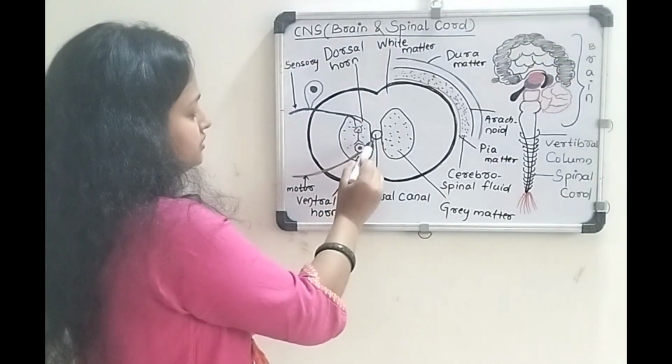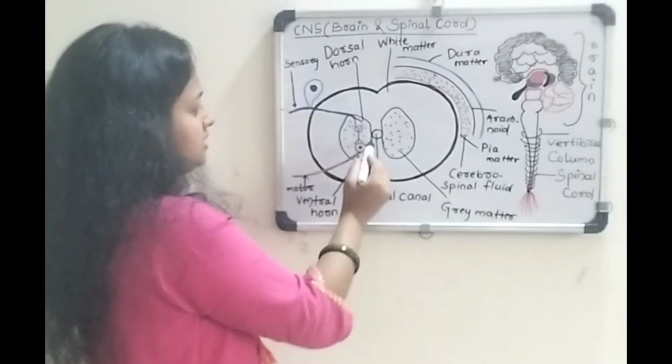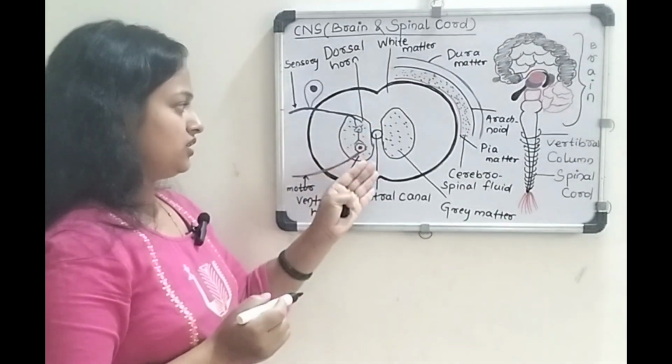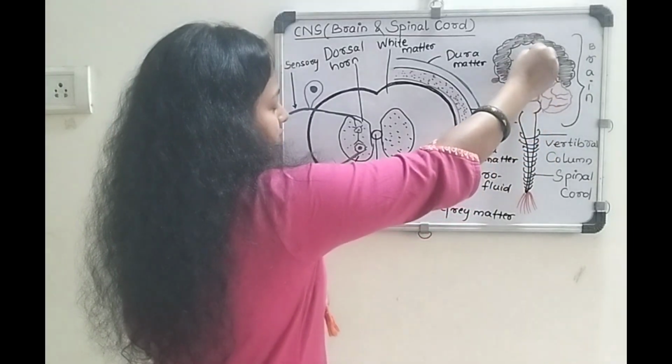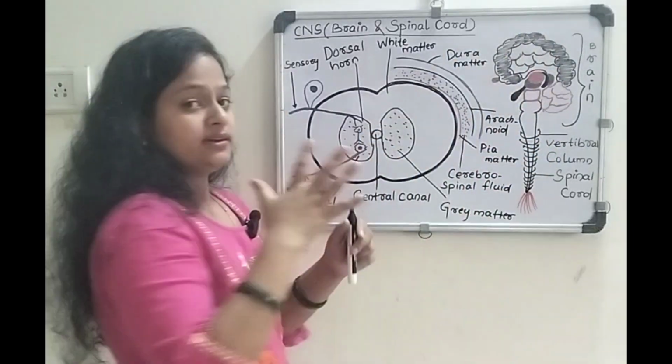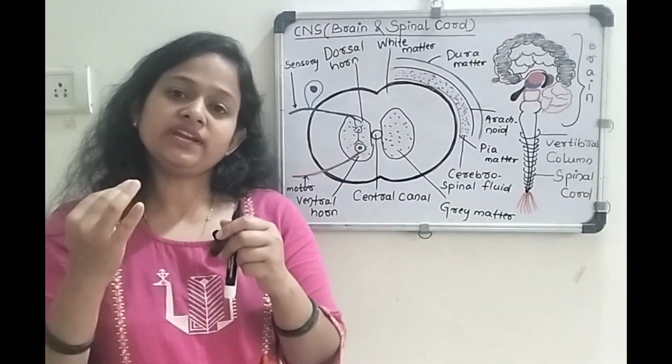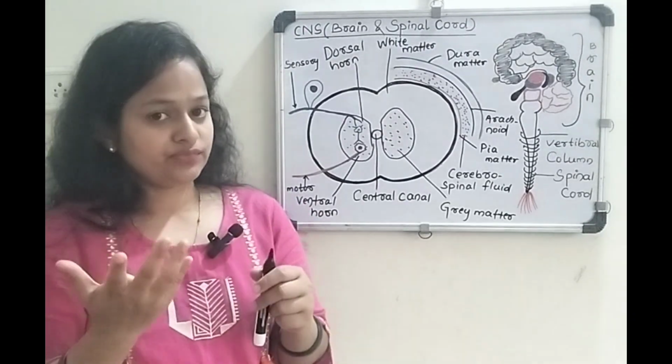Then we come to the central canal. This central canal passes from here towards the brain, and it connects to the different ventricles present in the brain.